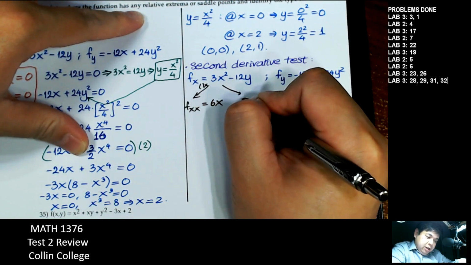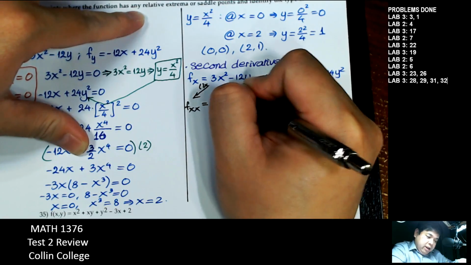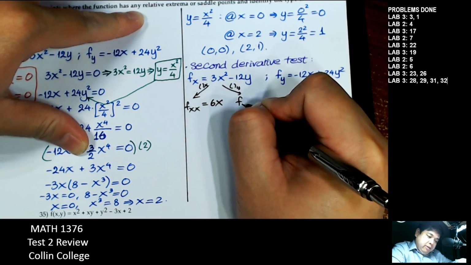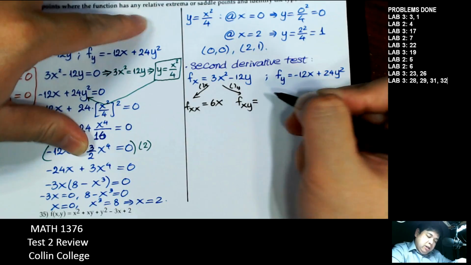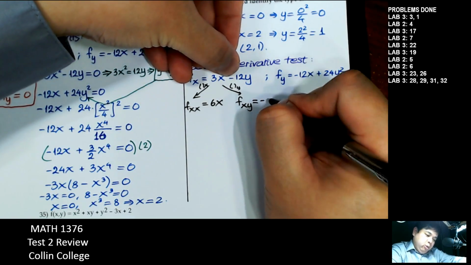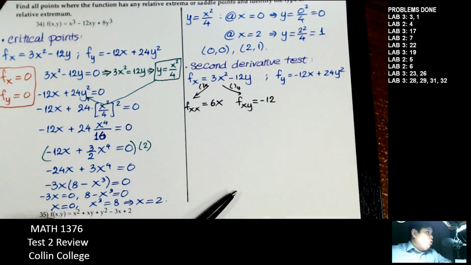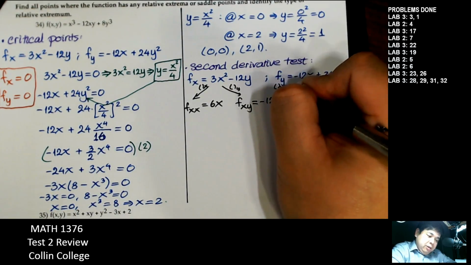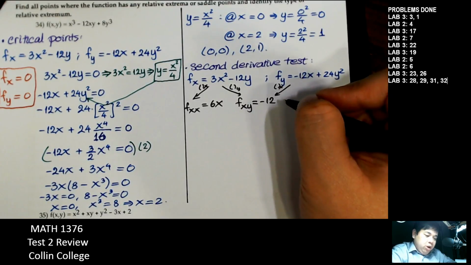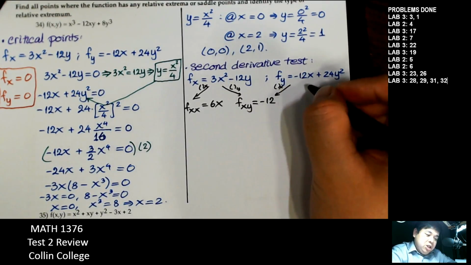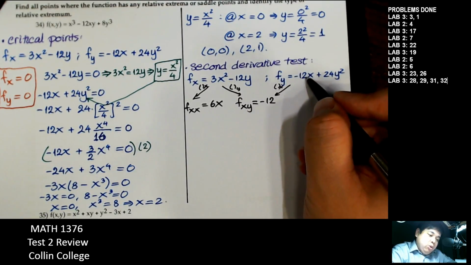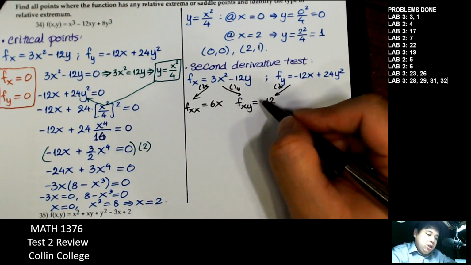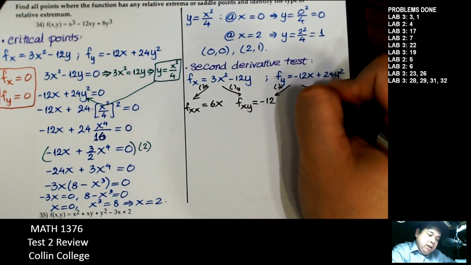The derivative of this with respect to y, we have fxy will be negative 12. Of course, we can also do fyx. Fyx is equal to fxy, so those two, this one with respect to x and this one with respect to y, should be equal, same thing.